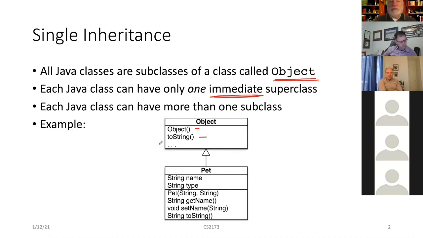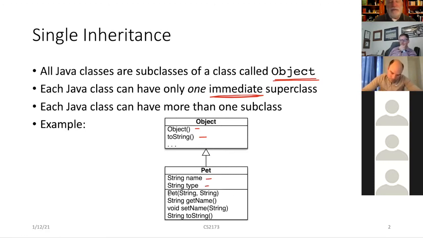So in this example, we have defined a class called pet. And even if we don't say anything about it, its superclass is Object. Java does that automatically for us. We can make that explicit if we want, but there's really no need because it's understood. So in this case, my pet class has two instance variables, name and type.